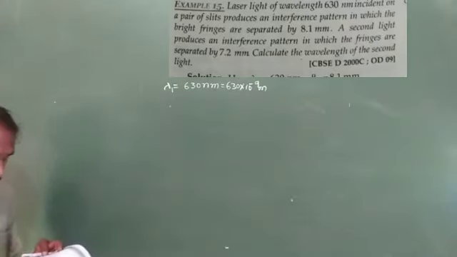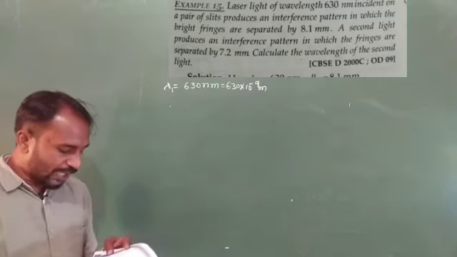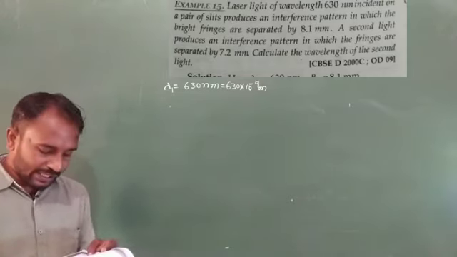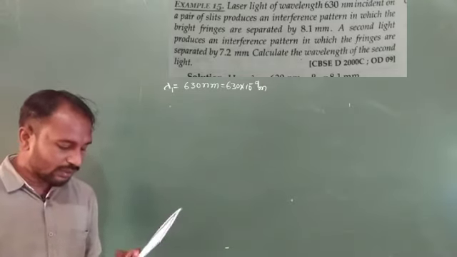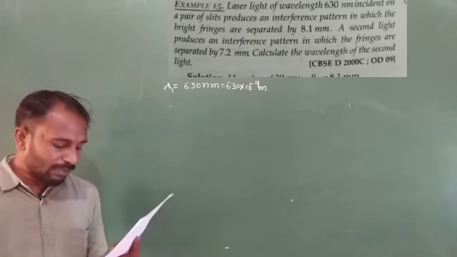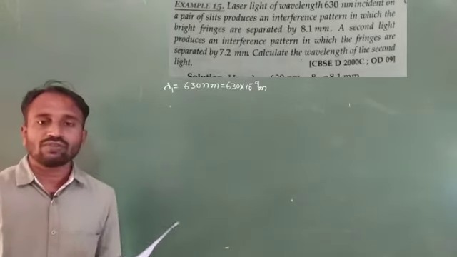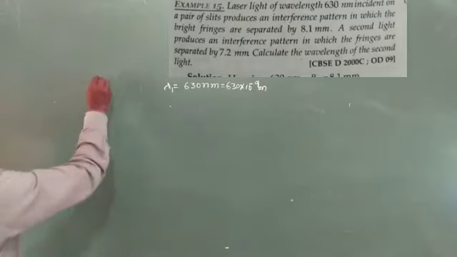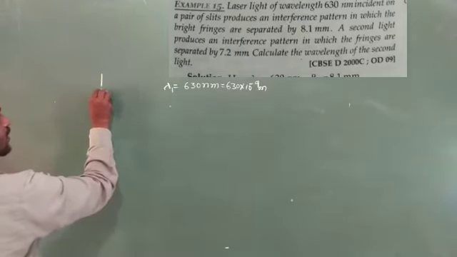Next, incident on a pair of slits, it produces an interference pattern in which the bright fringes are separated by 8.1 millimeter.